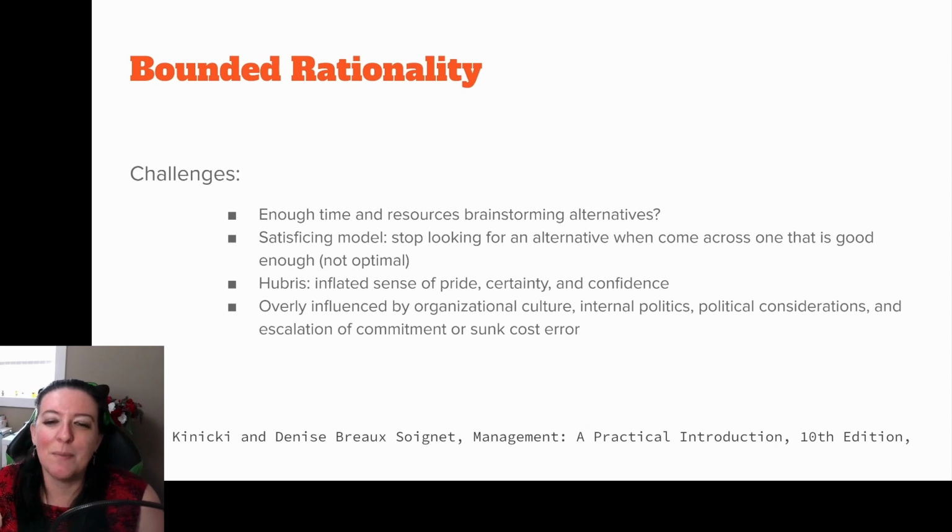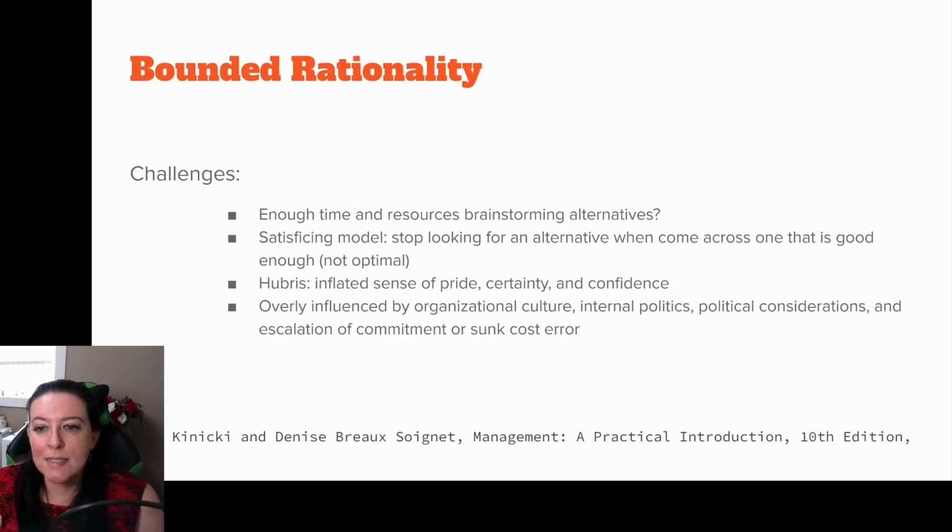And so that's going to limit what we're coming up with as solutions. Hubris, our sense of pride, certainty, confidence, all of that is going to impact the recommendations we make, the solutions we come up with. We're also highly influenced by the organizational culture, by political considerations, and we have to think about the escalation of commitment or sunk cost error.